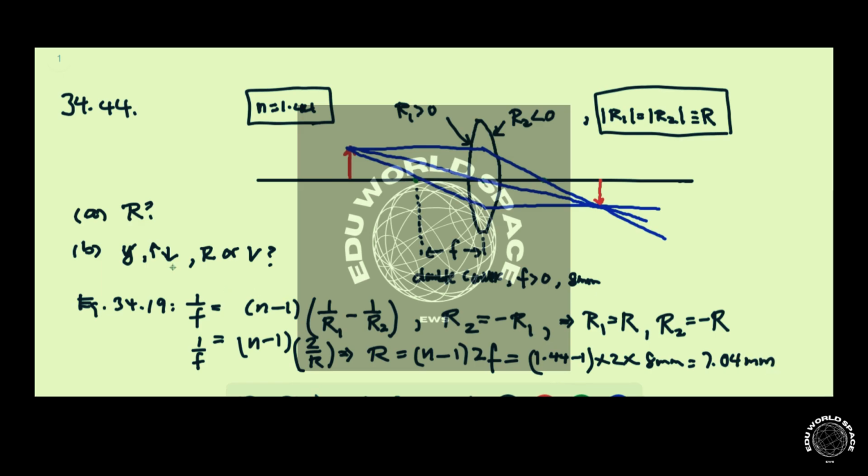Now in part B, we're given some information. So we're told that the object is placed some 30 centimeters away from the eye.